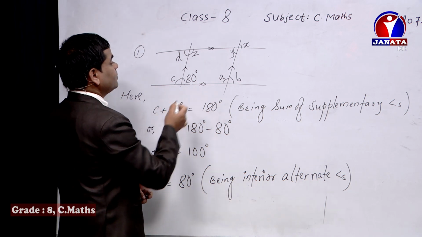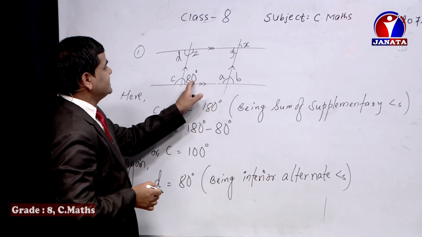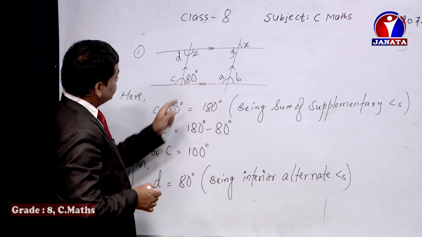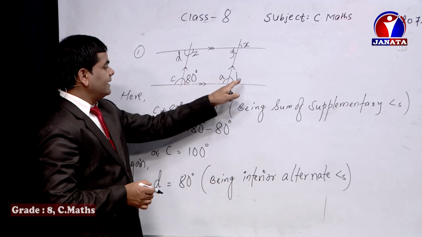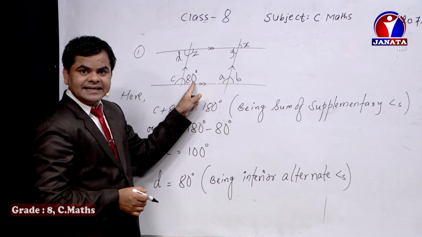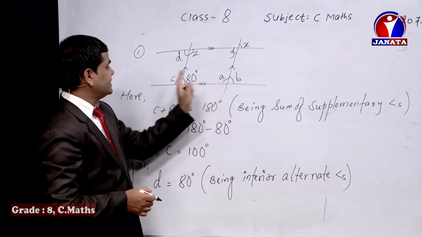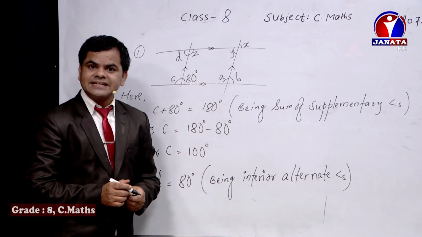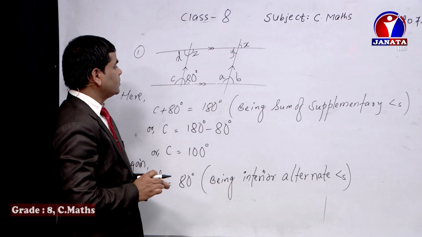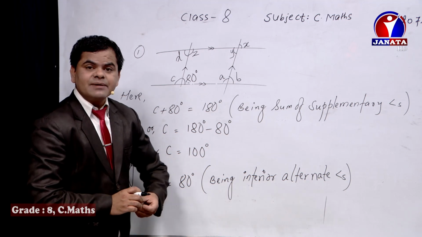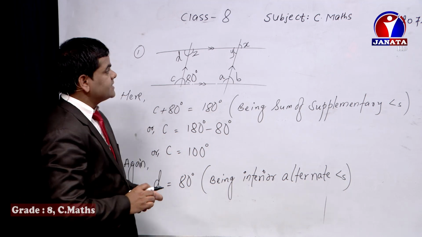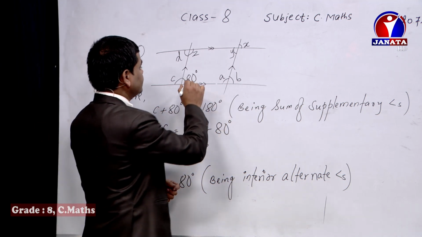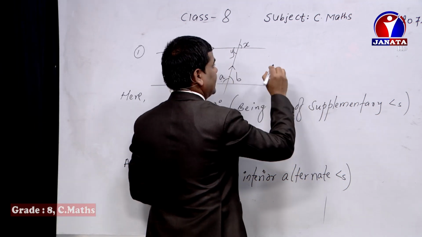Now, what about the relation of A and 80 degree, dear student? You can find A also. If you see A and 80 degree, they are co-interior angles, isn't it? Both are on the same hand side, and both are inside. That type of angles are known as co-interior angles. So what can you do to find A?